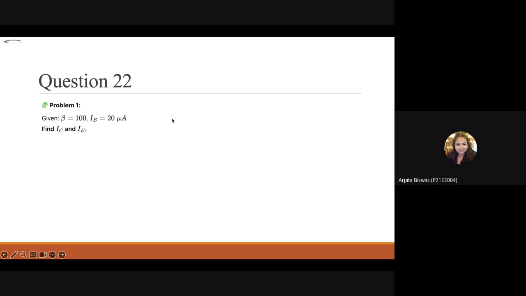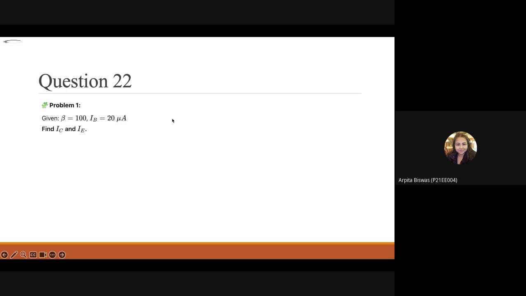So here I will show how to calculate it. Those who have not done the calculation, you can see here, this is the beta, okay? Just ignore the handwriting. Beta into IB. This is beta into IB.